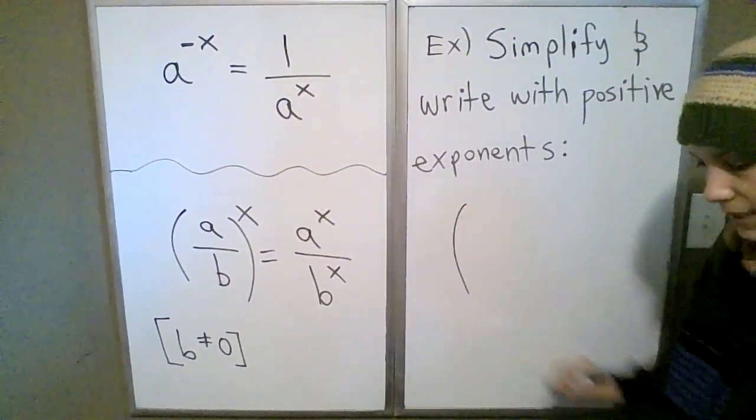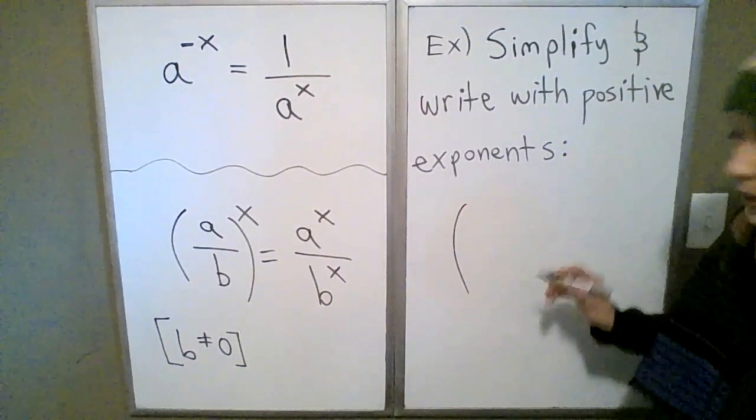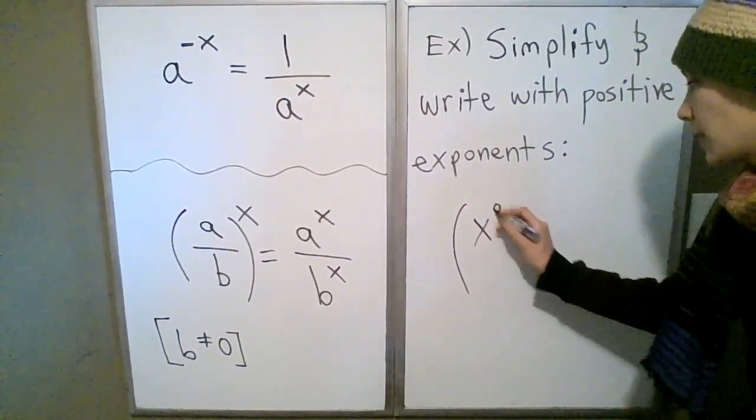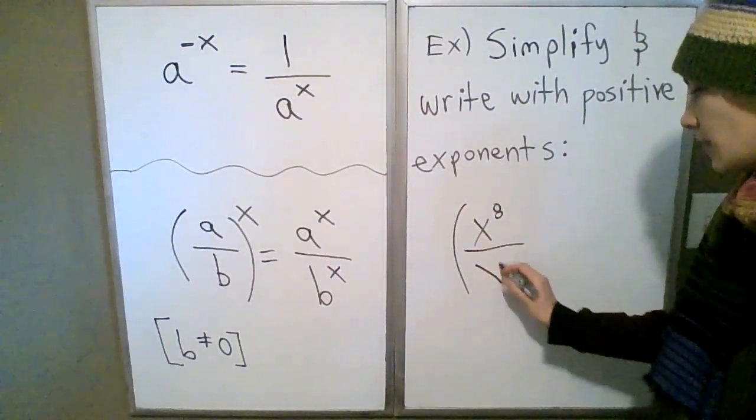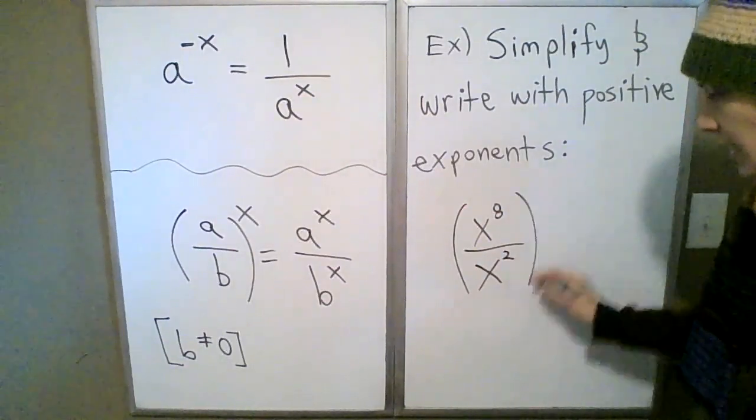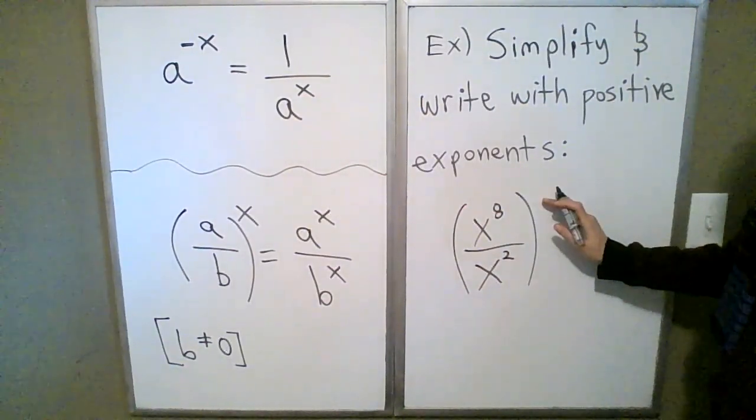In parentheses, it's x to the 8th over x squared, then all of this has a power of 5.